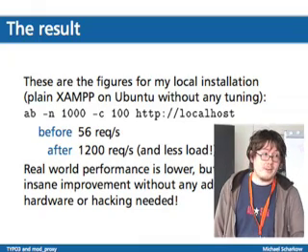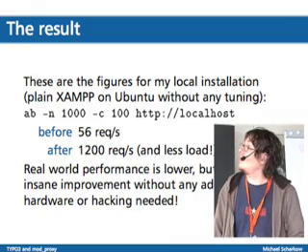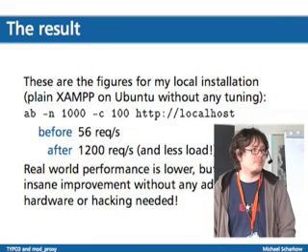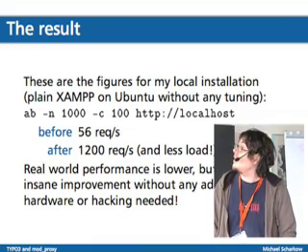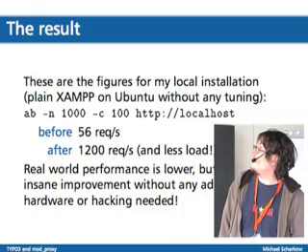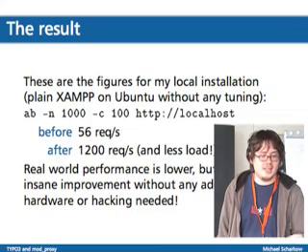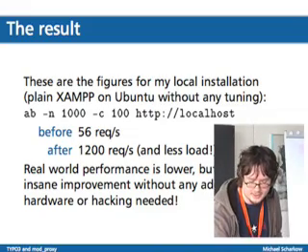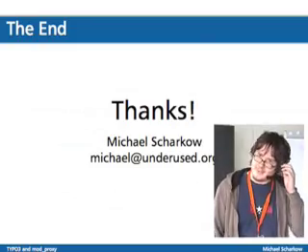But afterwards, without any drawbacks, if you have a site that is easily cacheable, you have 1,200 requests a second and less load, because the threaded MPM Apache works really better with less load. So real world performance is probably lower, but it's really an insane improvement, which doesn't cost you anything except a little bit of hacking in config files. That's it.